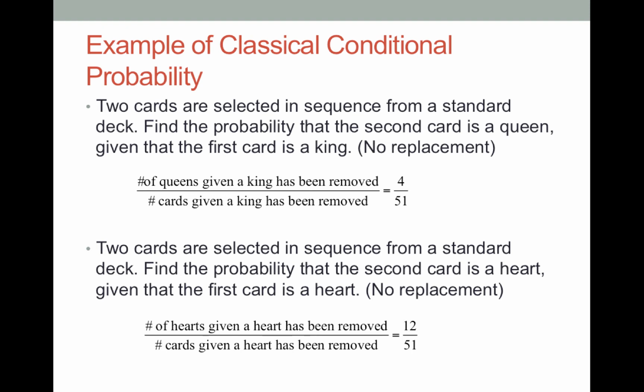We know that in total there's 13 hearts, but you have 1 in your hand. So how many hearts remain? 12, like we see in the numerator. Again, you have a heart in your hand. How many cards remain in the deck? That's 51. So we get our answer of 12 over 51.